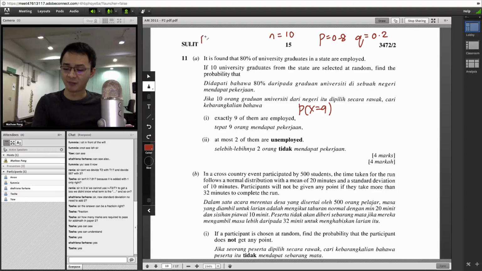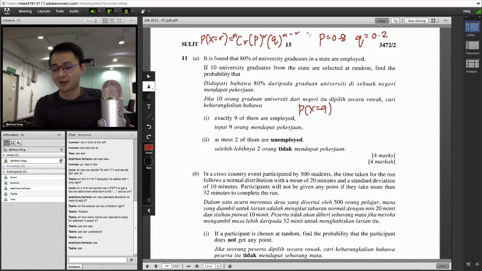X equals r, and then you will have nCr, p to the power r, and then q to the power n minus r. We know n, so we don't need to find it here.